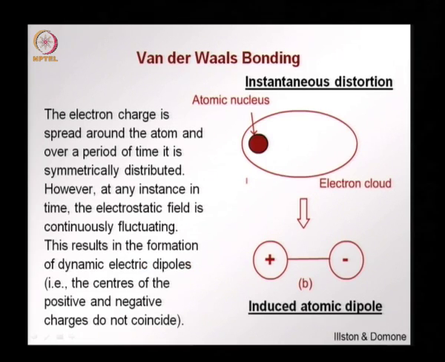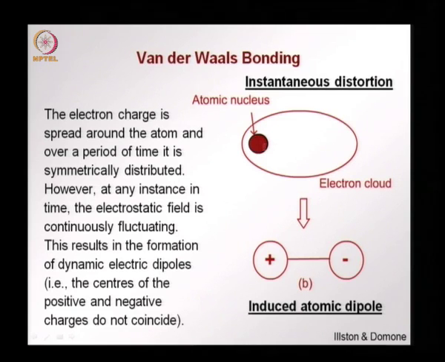At any instant in time, what we find is that there is a distortion in this electrical configuration. We could imagine that at a particular instant there are more electrons, or there is more of a negative charge on one side of the atom and the positive charge is on the other side.